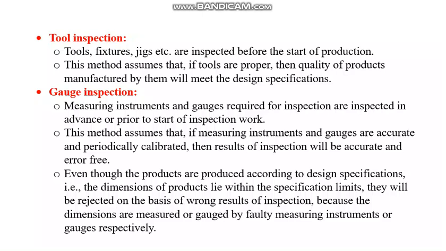So even though the products are produced according to the design specifications, that is, the dimensions of the products lie within the specific limits, they will be rejected. Why? Because your instrument itself is wrong. Suppose you are having your steel rule or measuring tape.